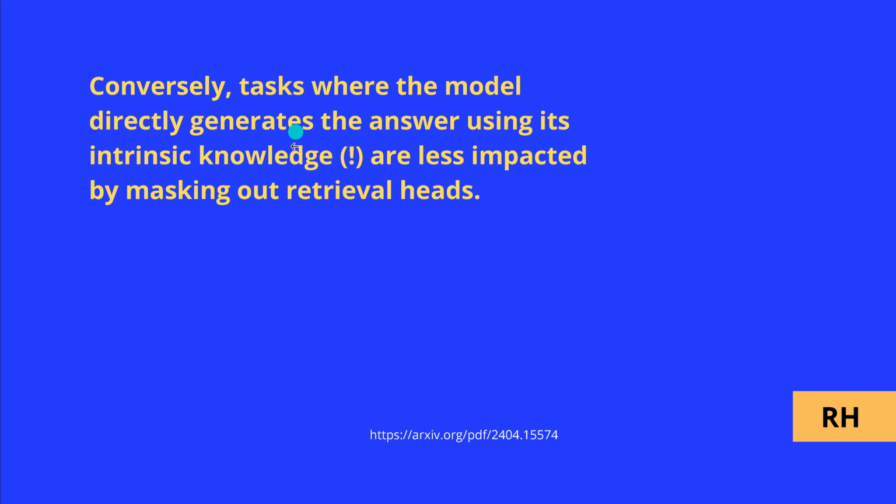If this is not the case, if the model knows the answer by heart, by its intrinsic parametric knowledge from the pre-training and the fine-tuning, then if we mask out the retrieval heads, we have a less impacted performance, of course, because we don't have to retrieve, the model already knows it. Our body of knowledge is in the parametric knowledge. Interesting fact.